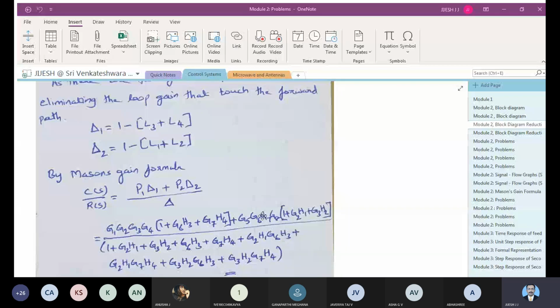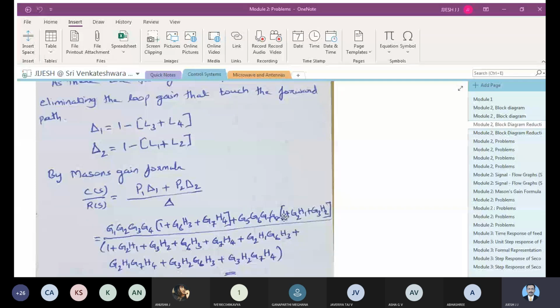Further, we have moving a summing point ahead of the block. Here the summing point is being moved further. When the summing point is moved, the impact of whatever blocks are associated with that summing point will change. But what you can observe is that whatever changes are incorporated, the output part of the problem has to be the same.